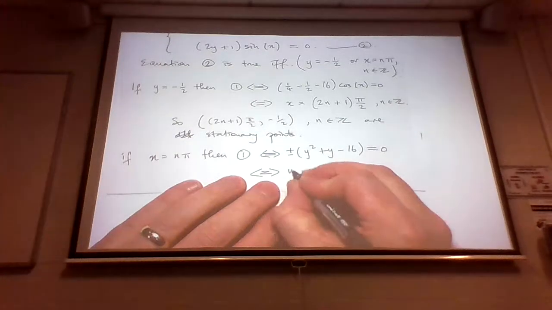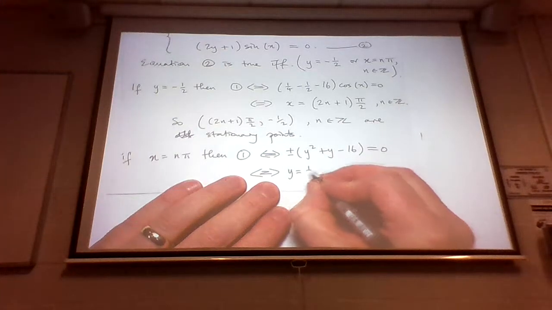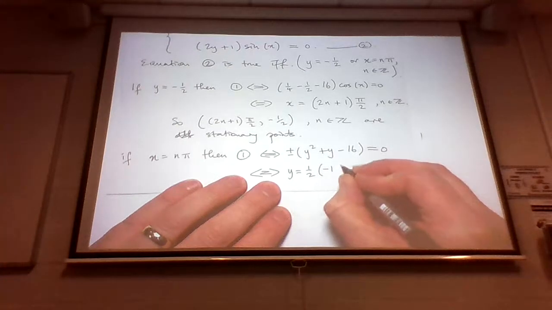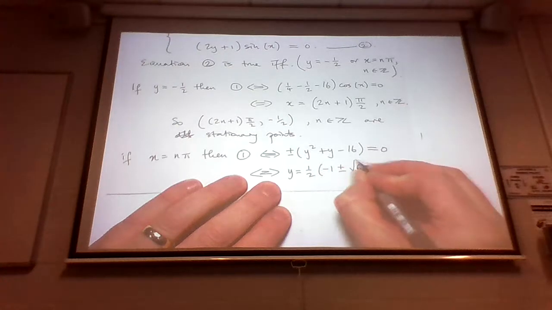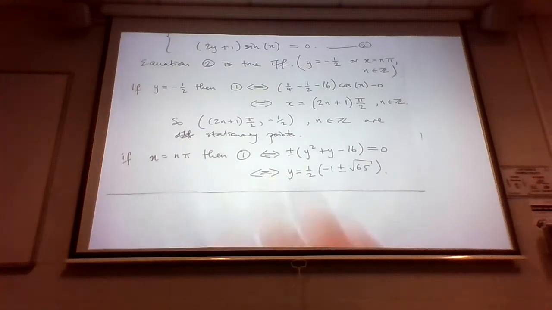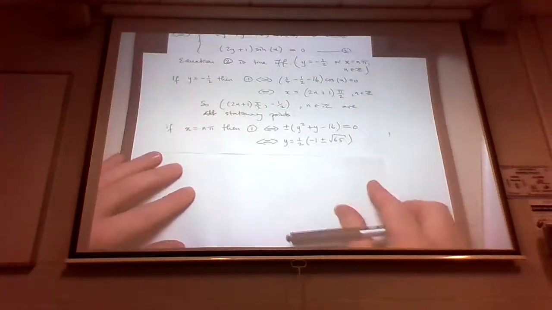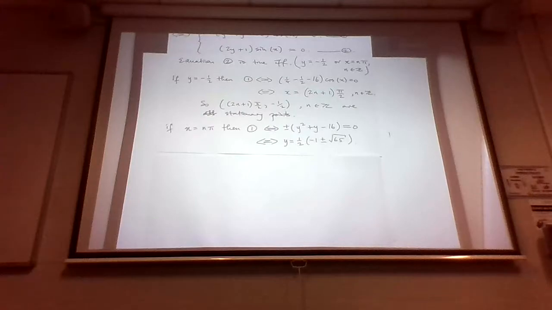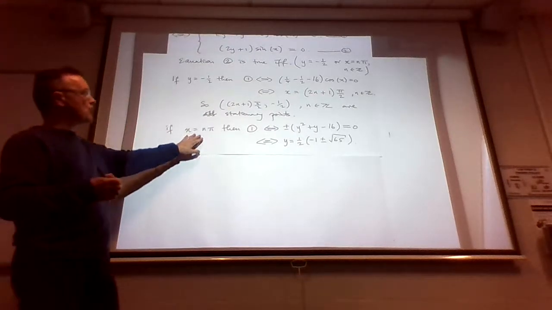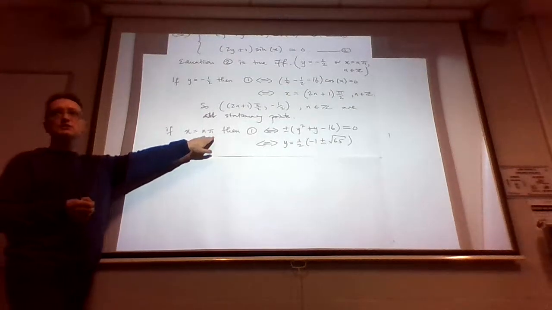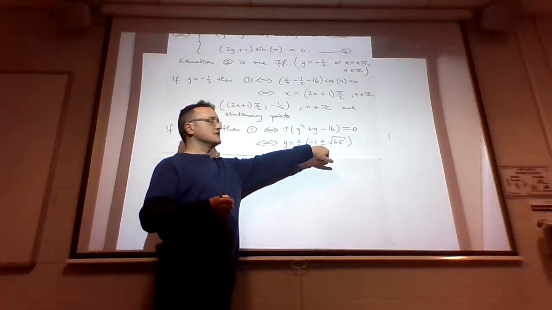The solutions are y is a half of minus 1 plus or minus the square root of 65. I won't get bogged down in solving the quadratic equation. So we found another set of conditions under which both equations are satisfied: when the x-coordinate is an integer multiple of pi, and the y-coordinate is one of these two values.